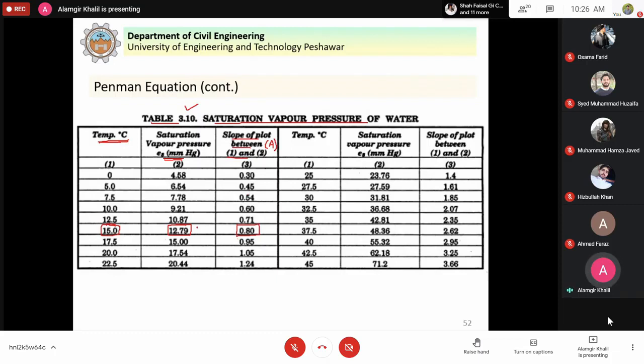So these two values we can pick, clear, for the given temperature of 15 degrees centigrade.